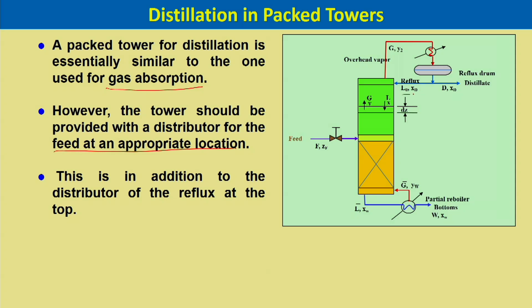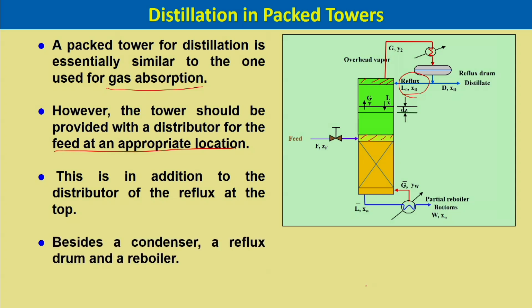So, you can see we have a reflux and also we need to provide the distributor here. Besides, a condenser over here and a reflux drum, which is over here, and a reboiler. So, this is the reflux drum and this is the reboiler.